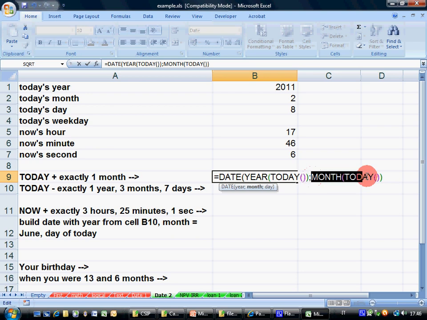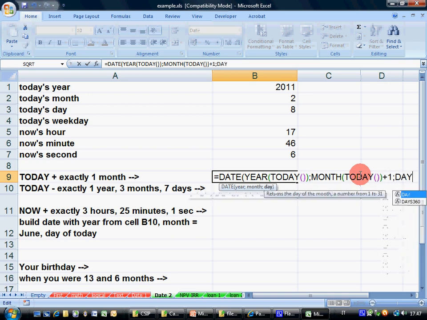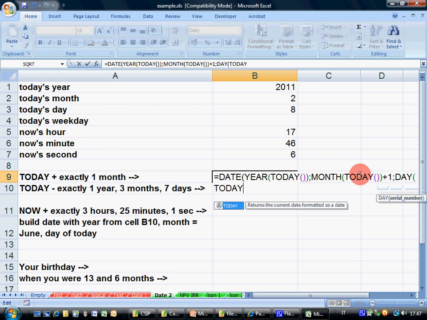This part here will return today's month, which is February, so 2. Okay? But since I want to go forward exactly 1 month, I just type +1, semicolon, day of today. Okay? This one will return the day of today, which is the 8th.